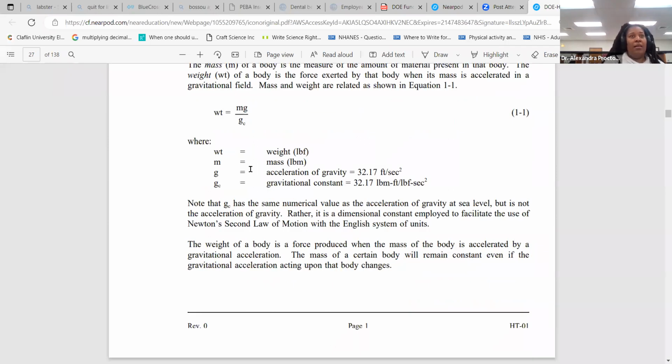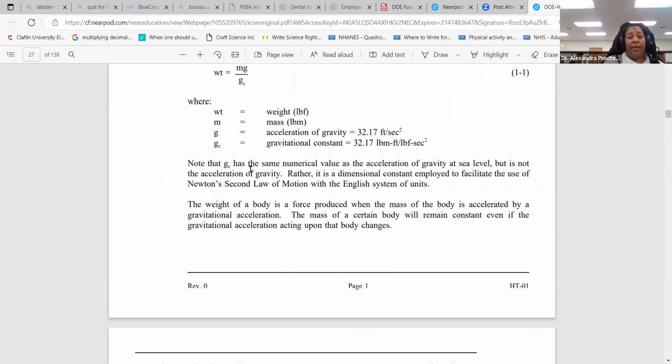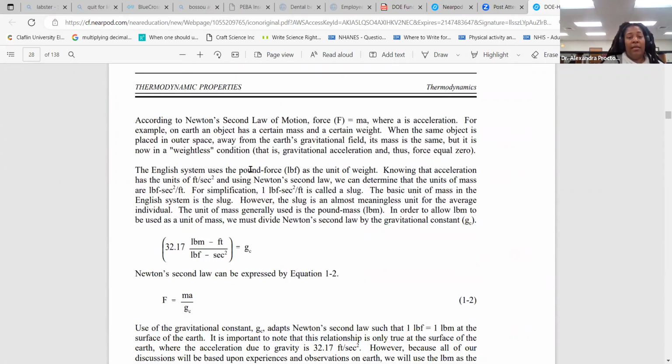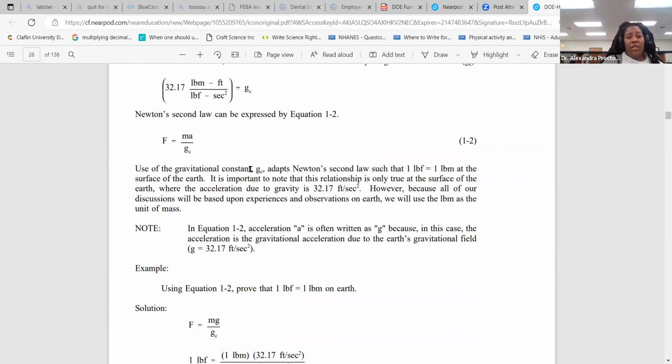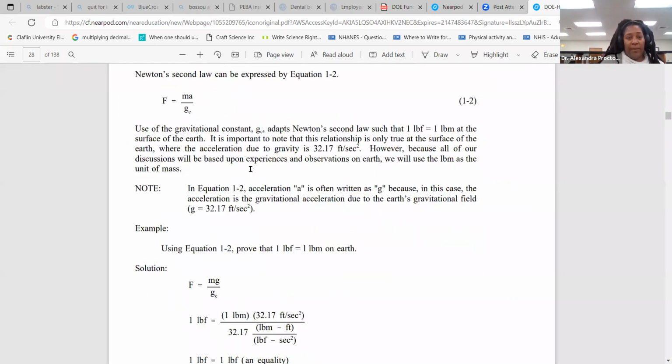So don't get caught up in all the steps of derivation, right? The important equation is the one that you saw previously. They're just showing you the proof that this equation does represent how you determine weight. So don't get caught up in every step of a derivation.